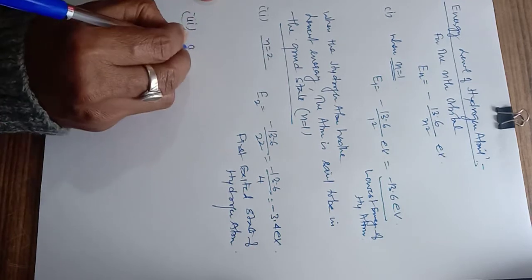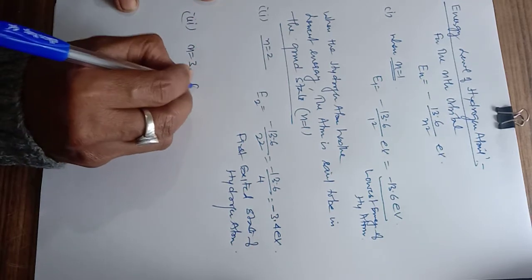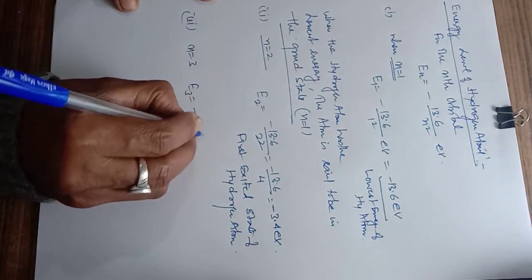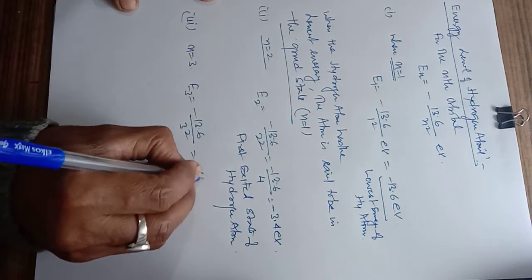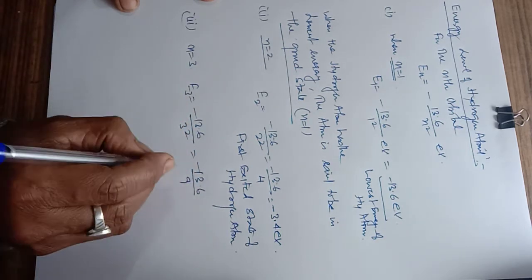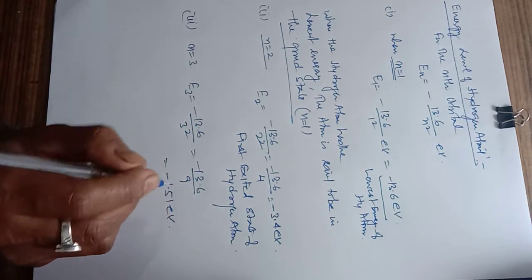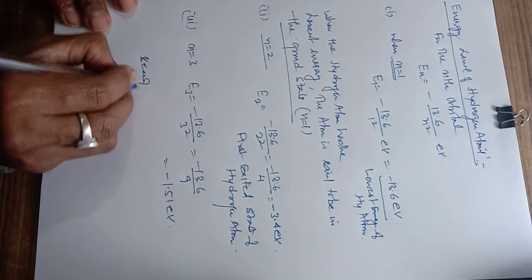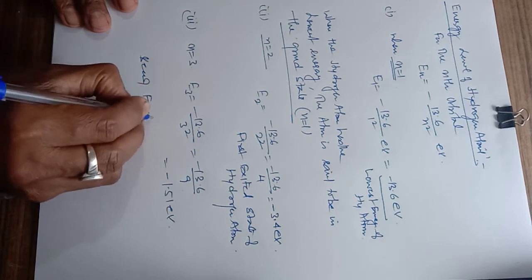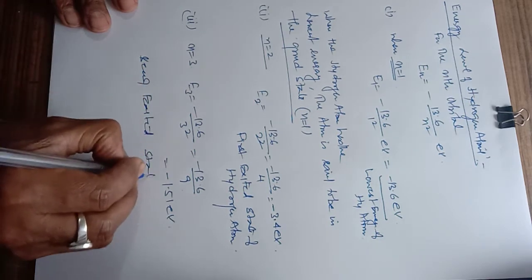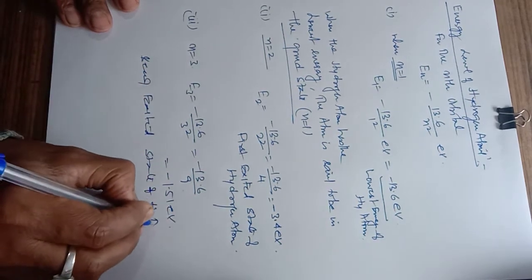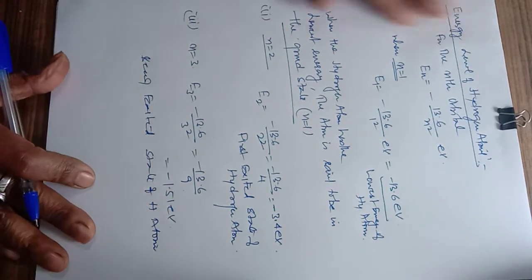Now n is equal to 3, it means E3 is equal to minus 13.6 upon 3 square, minus 13.6 upon 9, so it is nearly minus 1.51 electron volt. Now it is the second excited state of hydrogen atom.